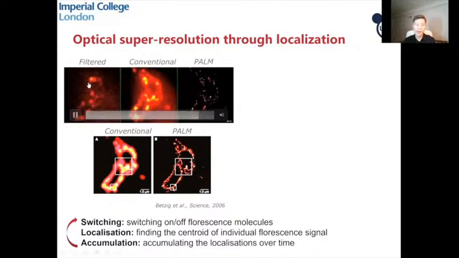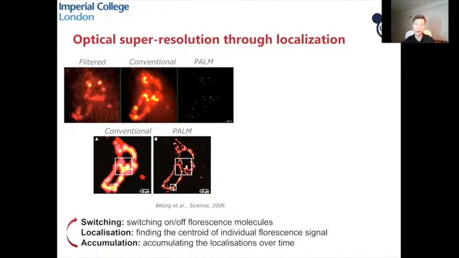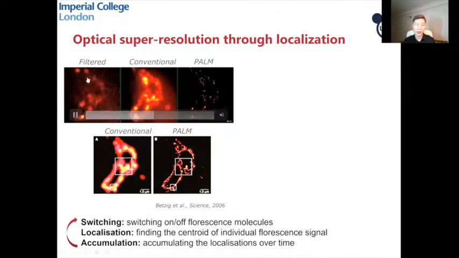And in this case, if you see an individual molecule turned on and you see this blob, then you actually can localize it. By localization, I mean you can find, for example, the centroid of each of the blobs you detected, and then you record the centroid of that blob. And then over time, you can accumulate this localization.